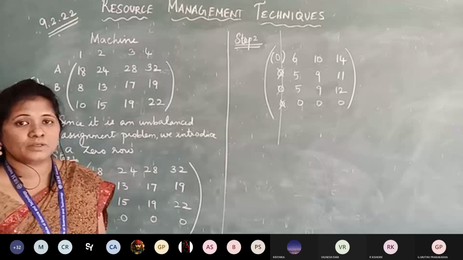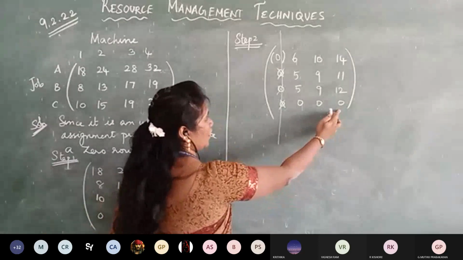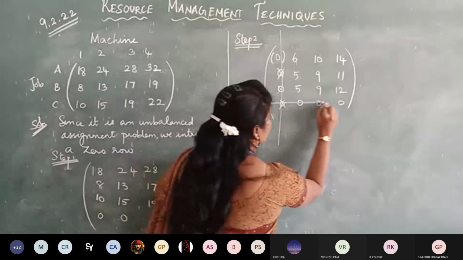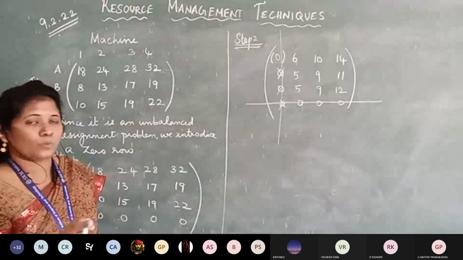And whichever row has got an allocation, you will cross over row-wise. You will strike it row-wise.